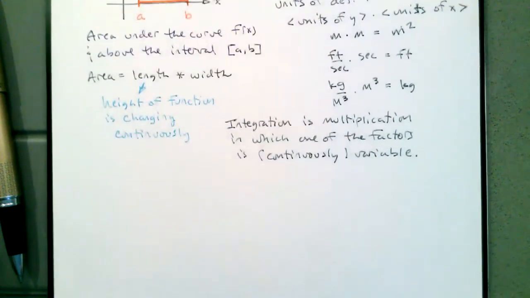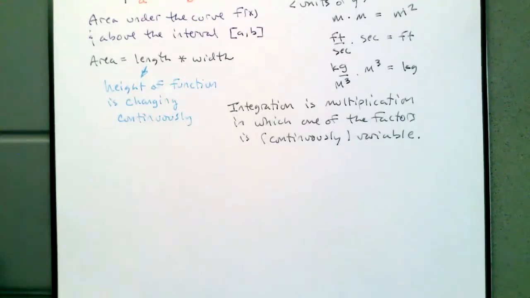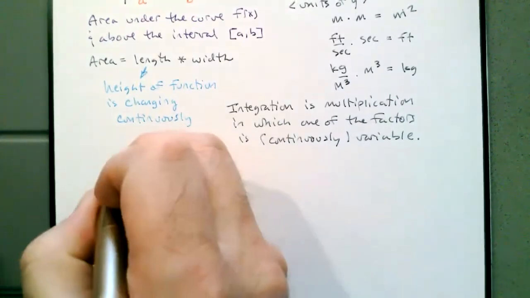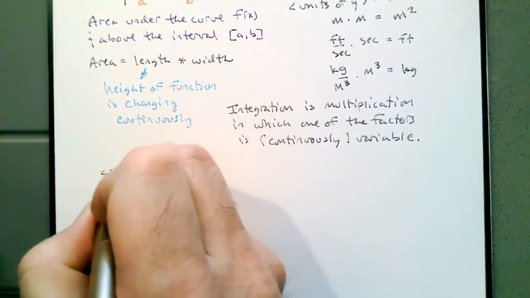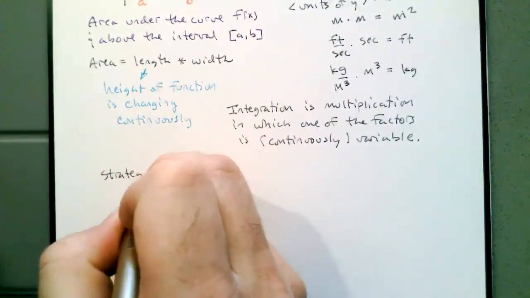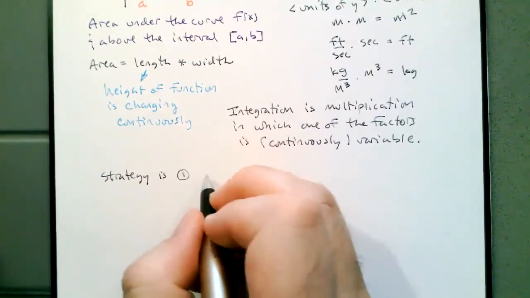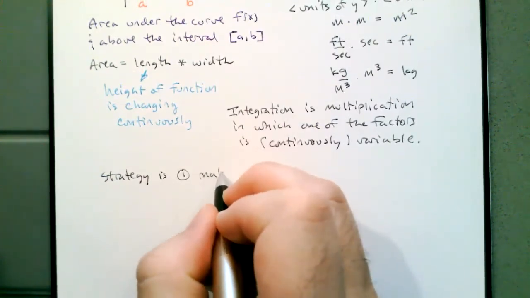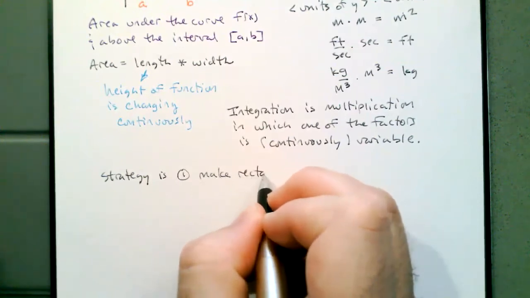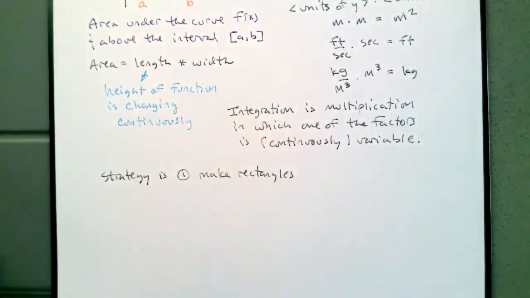So our strategy is to assume that the function is constant. We start by making rectangles. This means assuming that the function is constant for some small change in x on subintervals of AB.